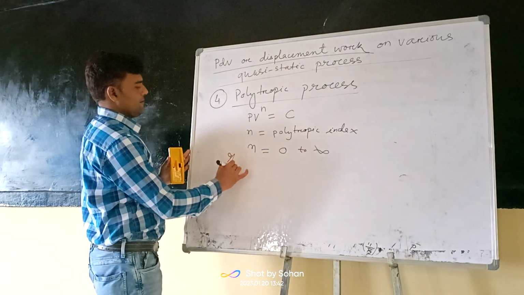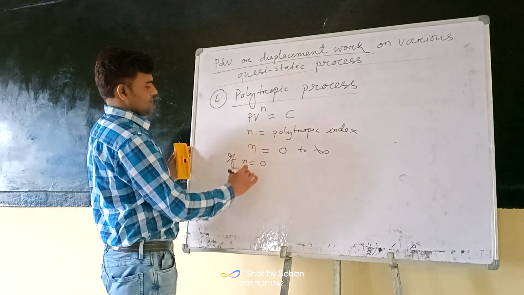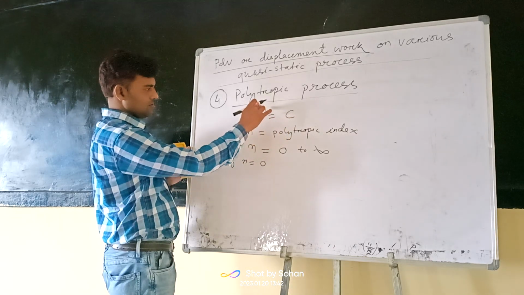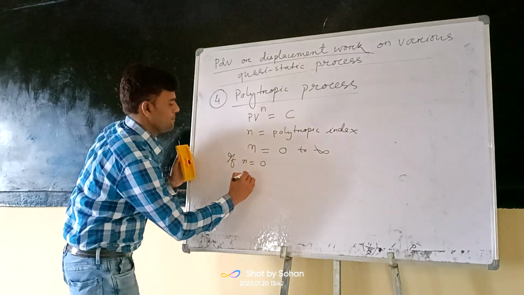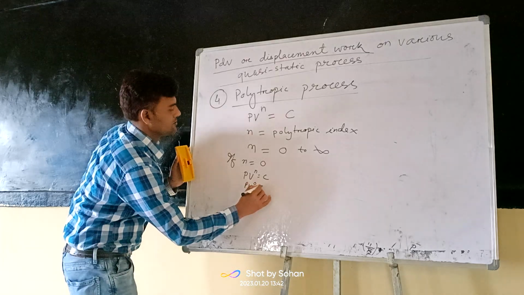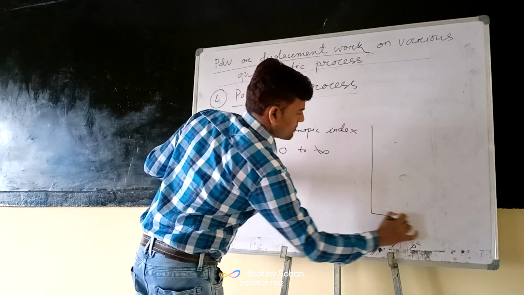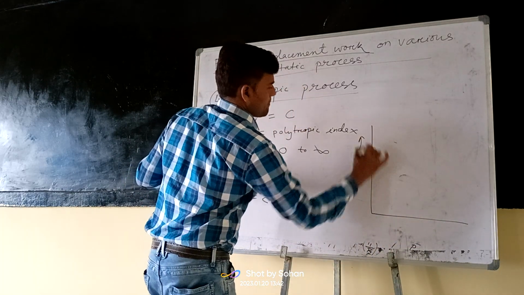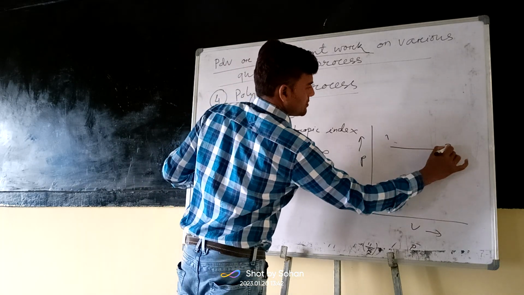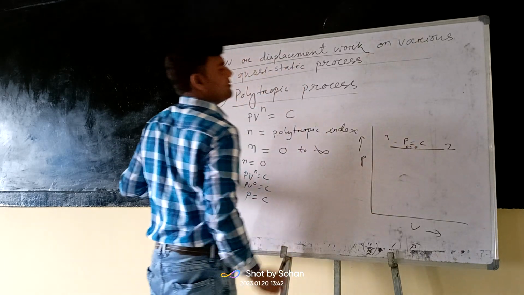If the value of n equal to 0, then PV to the power 0 equal to constant, V to the power 0 equal to 1, which means P equal to constant. On the property diagram it looks like this: P equal to constant from 1 to 2, where the value of n equal to 0.